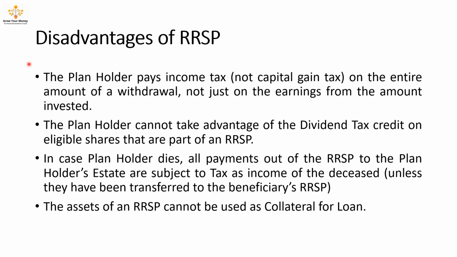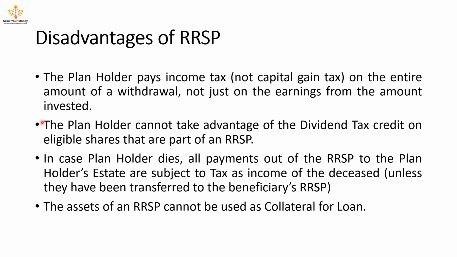There are also certain disadvantages of RRSP. The plan holder pays income tax, but not capital gains tax, on the entire amount of a withdrawal, not just on the earnings from the amount invested. Second disadvantage is that the plan holder cannot take advantage of the dividend tax credit on eligible shares that are part of RRSP.